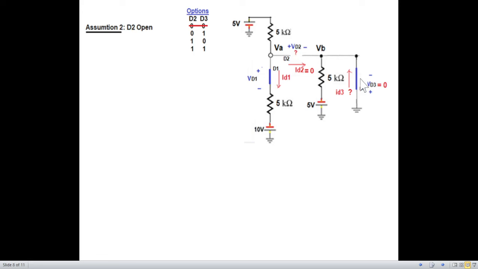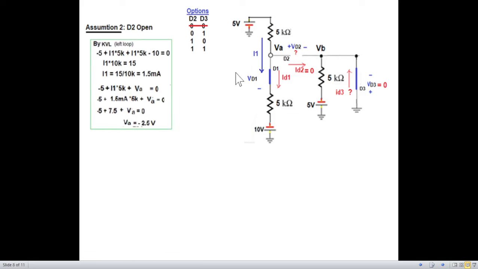In case of a short, the voltage is 0 and we have to find the current. Since this branch is still independent because of the open circuit, we use one current for the top and bottom. We have already found the voltage VA in the previous slide, using the technique that we followed, so VA is minus 2.5 volt.